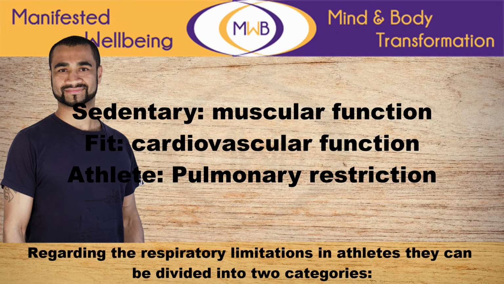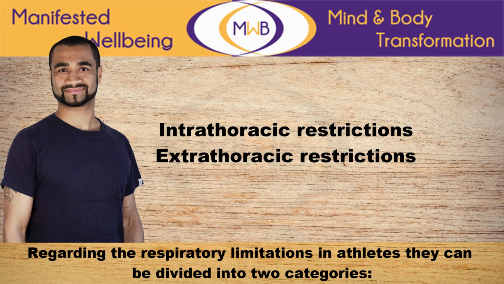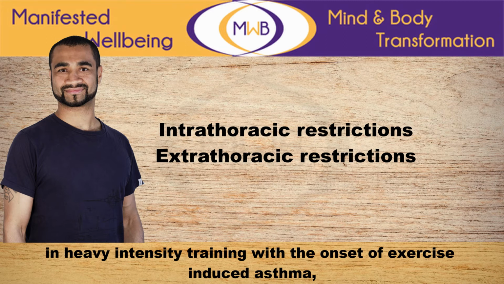Regarding the respiratory limitations in very well-trained individuals, athletes, they can be divided in two categories. It can be intrathoracic and extrathoracic limitations. And these limitations manifest themselves in heavy intensity training.